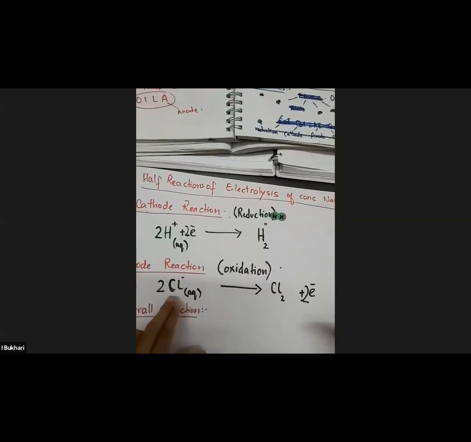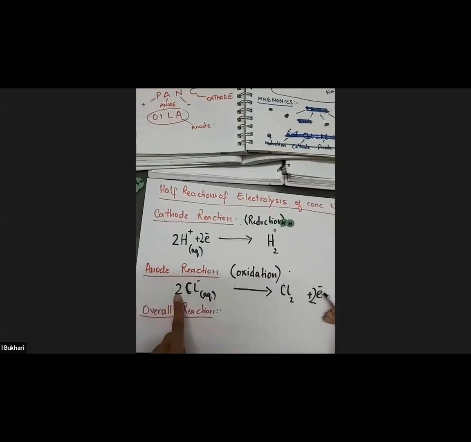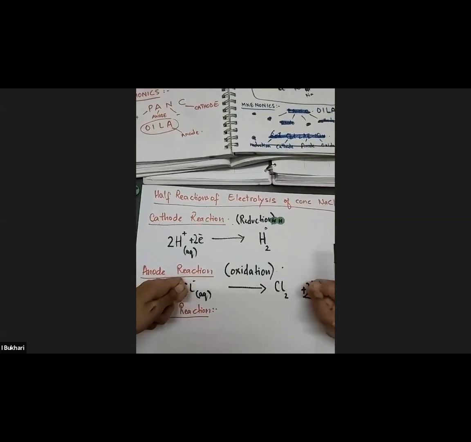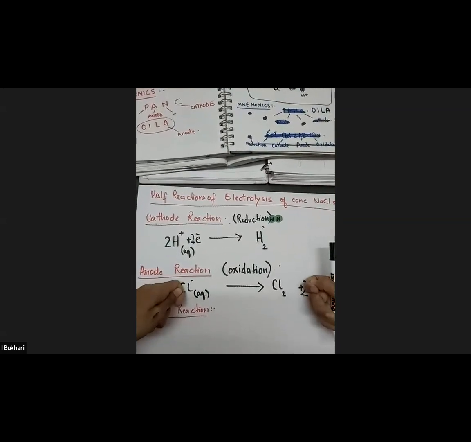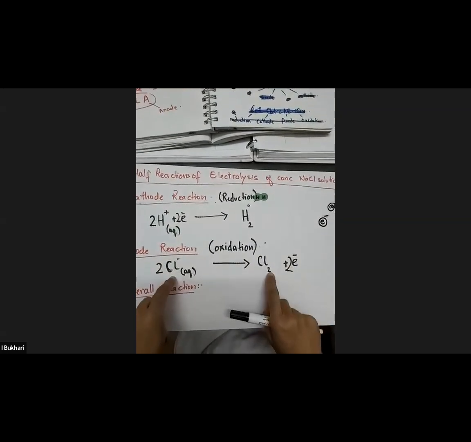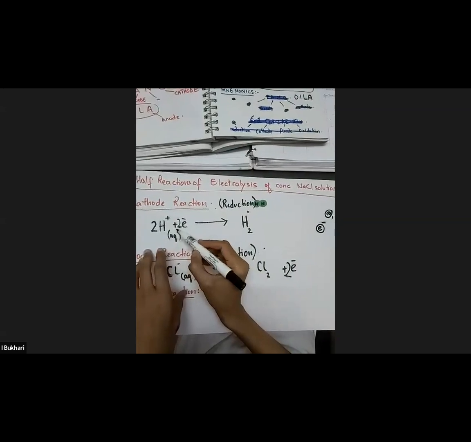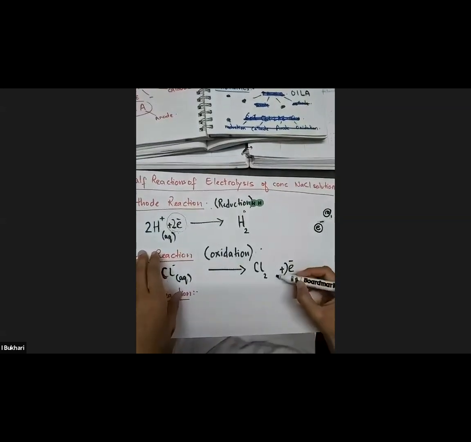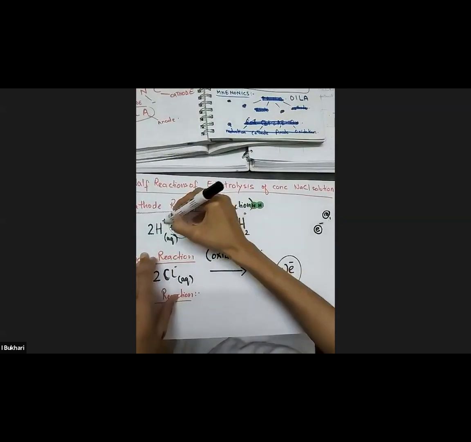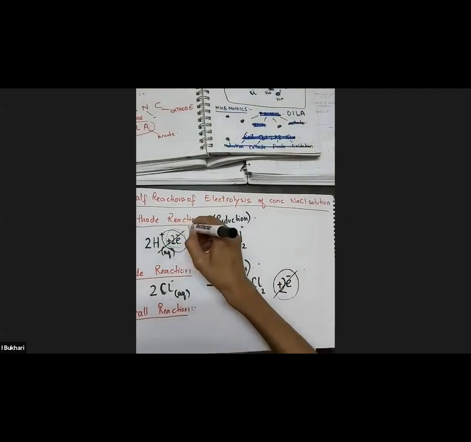Now this is electrically balanced, -2 here, -2 here. Basically the charges should be equal on both sides. Balancing means the net charge should be equal on both sides of the arrow, right? And also chemically balanced. Now 2 electrons are gained here, 2 electrons are lost there, so these 2 electrons cancel.